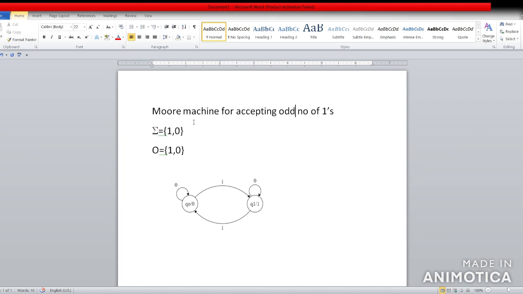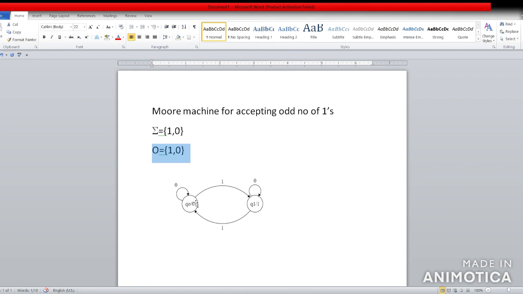So here Moore machine is given for accepting odd number of ones. So input alphabet is 1 comma 0. Output is also given in terms of 1 comma 0. When machine accepts odd number of ones, it will give the output 1. And when it accepts even number of ones, it gives the output 0. Okay. So here you can see Q0 is initial state, Q1 is final state.